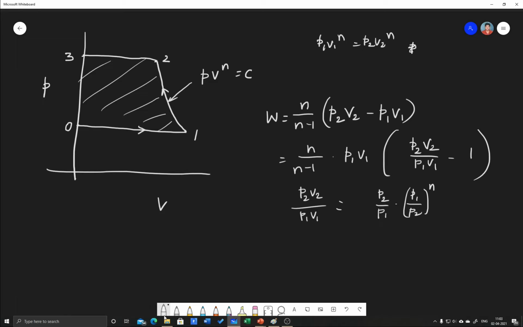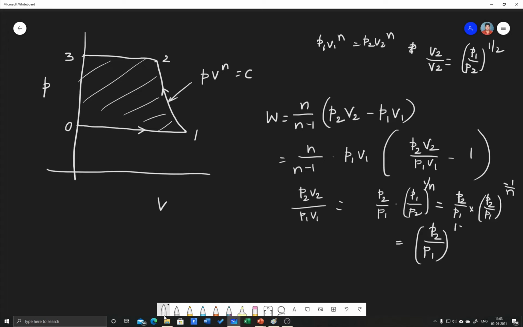V2 by V1 is equal to P1 by P2 whole power 1 by n. So it should be 1 by n. If you reciprocate this, it will become P2 by P1 whole power minus 1 by n. So that becomes P2 by P1 whole power 1 minus 1 by n, which can also be written as n minus 1 by n.